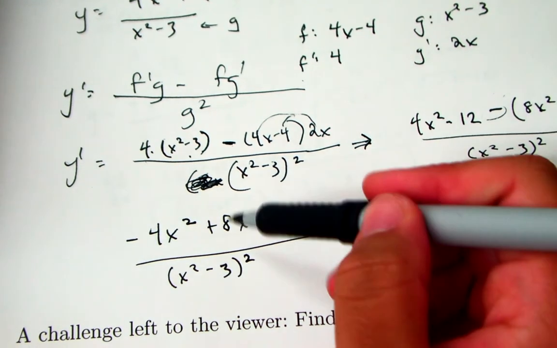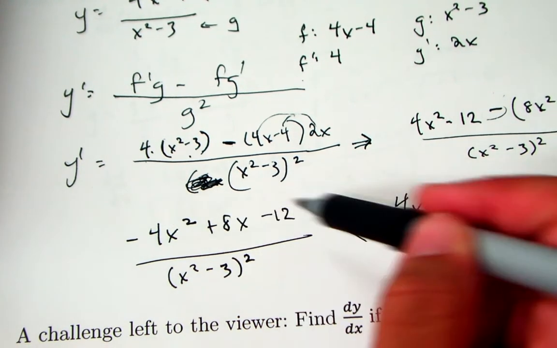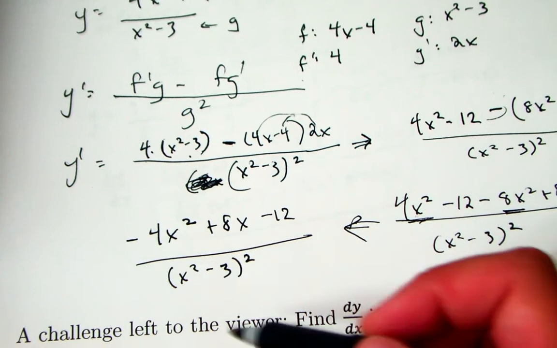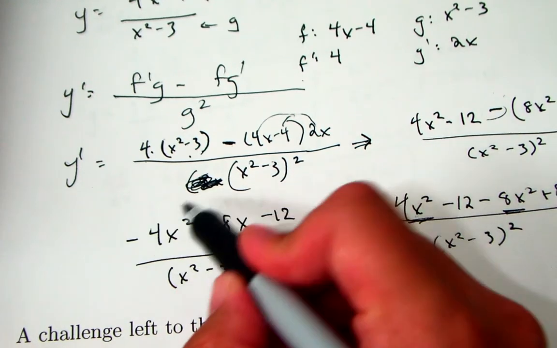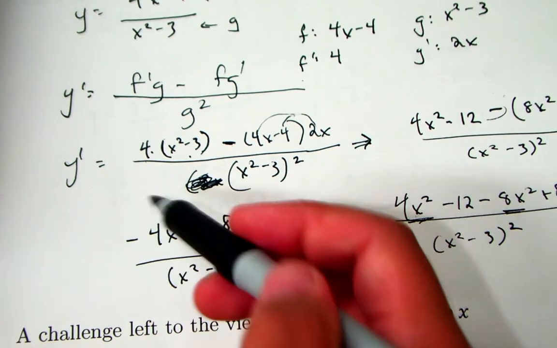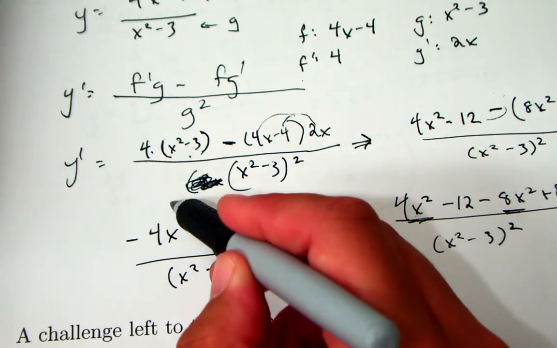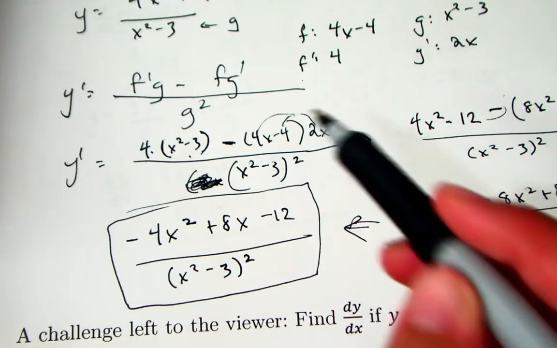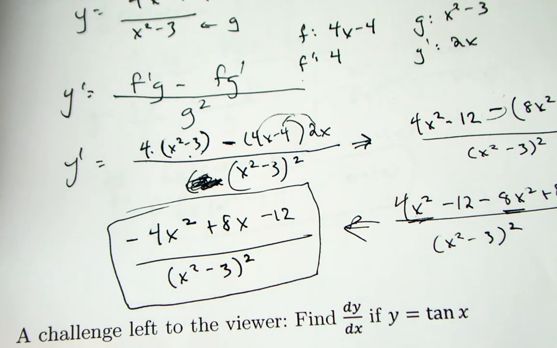Now you could, if you wanted to, go further and factor out a negative 4, but notice it's not going to cancel on the bottom. Sometimes it is useful to simplify it, and in this case you can see that it won't really help you much. So this is a perfectly satisfying answer using the quotient rule.